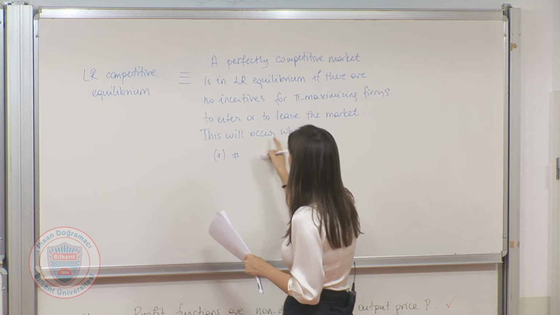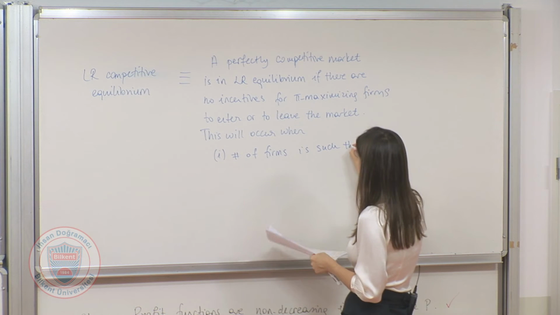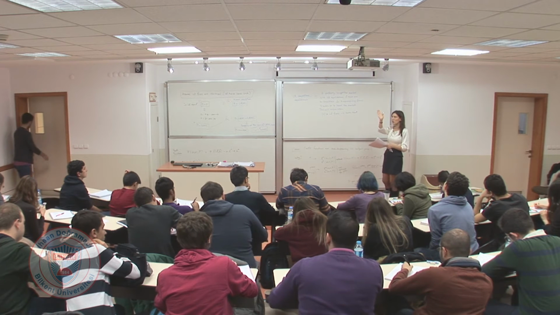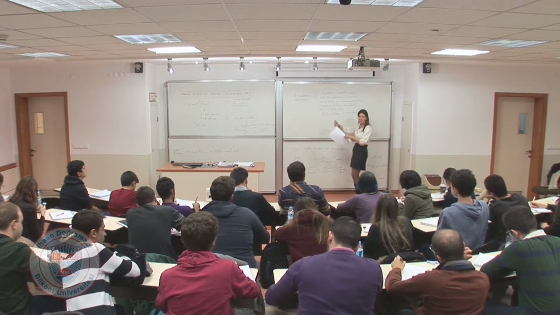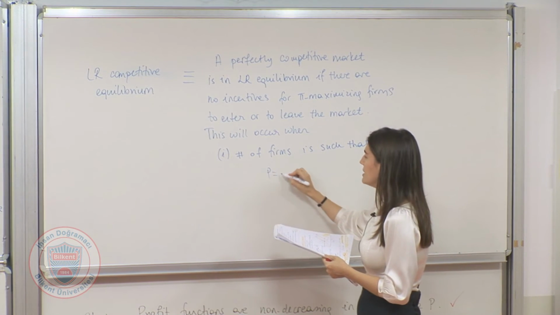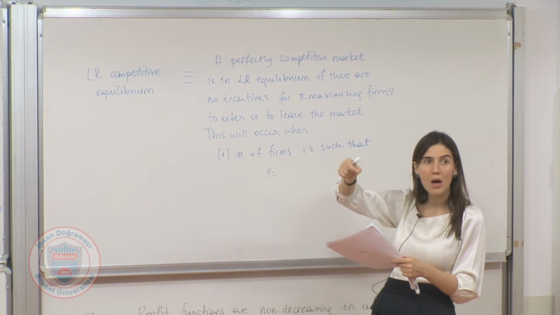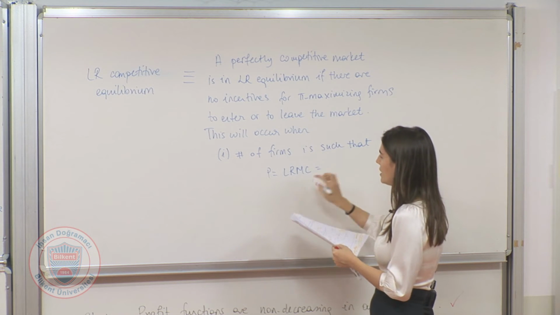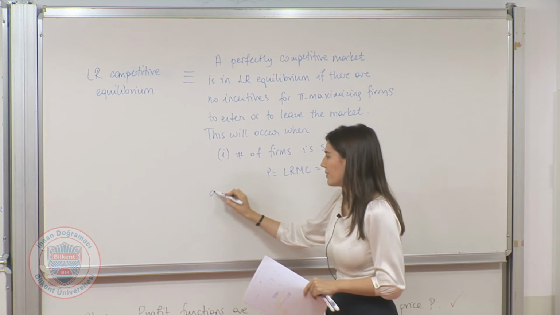So we said that this will occur when number of firms is such that, so remember, we know the short run supply curve should be moving up to some point so that enough firms, let's say, should enter. Number of firms is such that profits are zero, or in other words, price is going to be down until a level where long run marginal cost and long run average cost are equal to each other, okay?